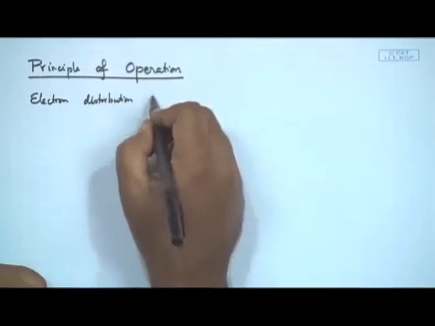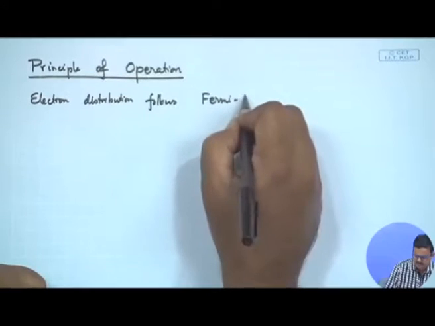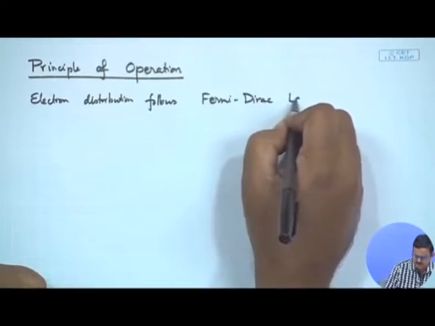Okay. See, if you take any material or any surface, we have a distribution of electrons on the surface, and the distribution of electrons follows something called the Fermi-Dirac law. Okay. The Fermi-Dirac law states that, let me write it down, electron distribution follows the Fermi-Dirac law.